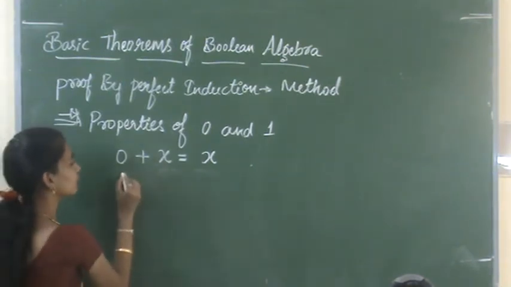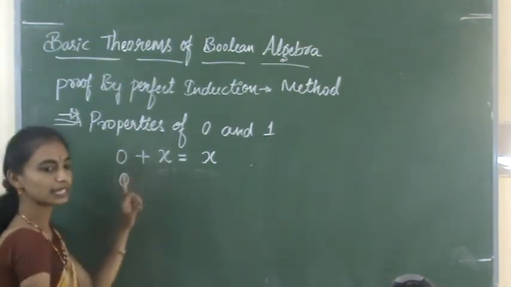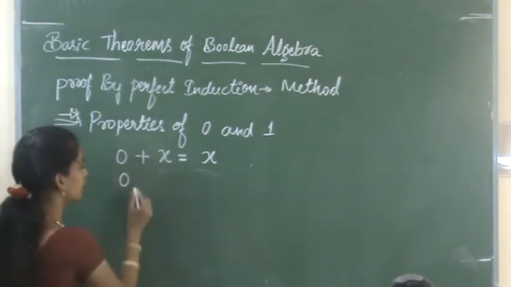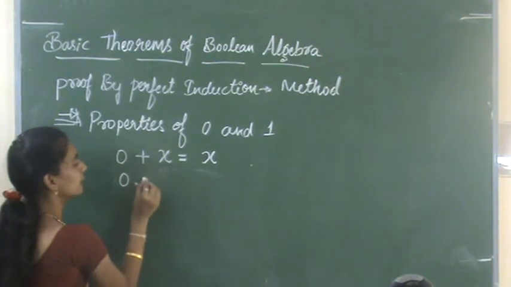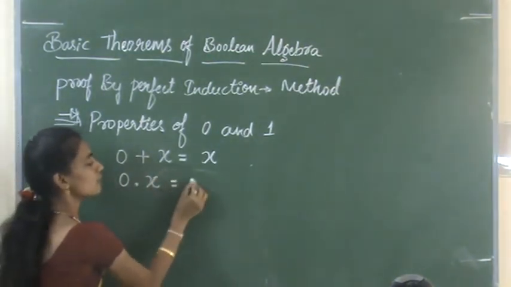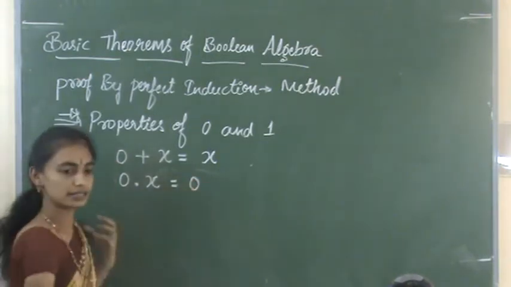And if 0 is multiplied, it means we are performing the AND operation. If we perform AND with any variable, taking it as x, we will get the result 0 only.